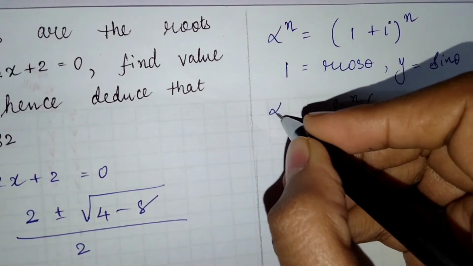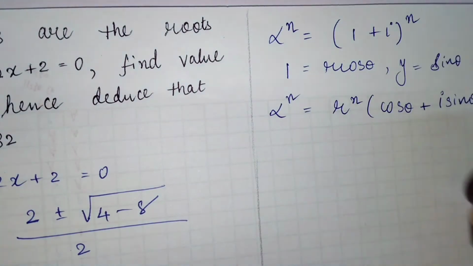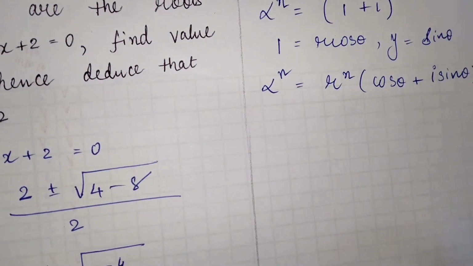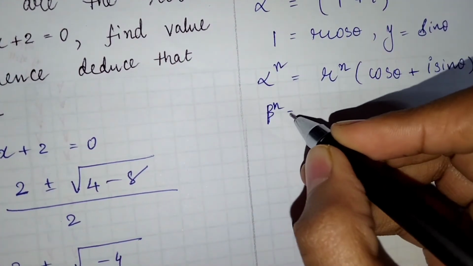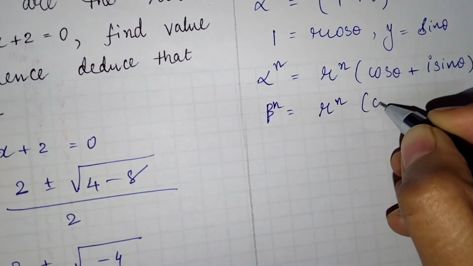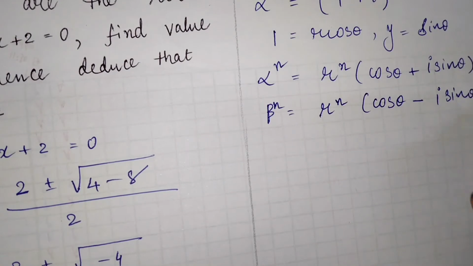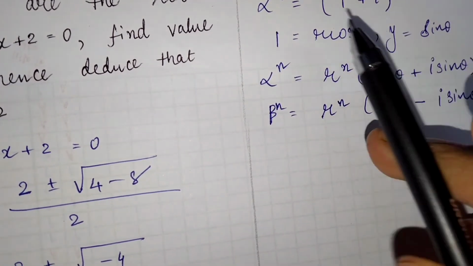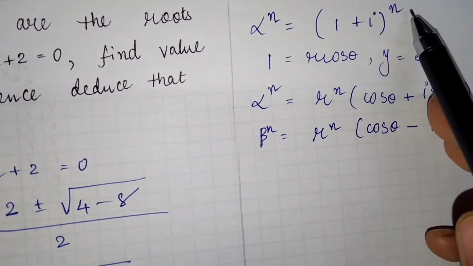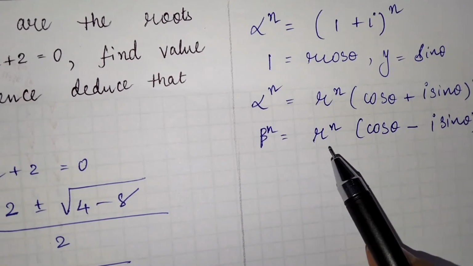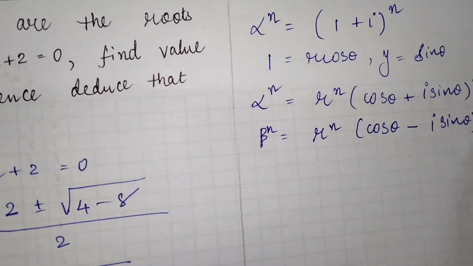So this is the value of alpha raised to n. Similarly, we can write beta raised to n equal to r raised to n into cos theta minus i sin theta raised to n, because beta raised to n is 1 minus i raised to n.